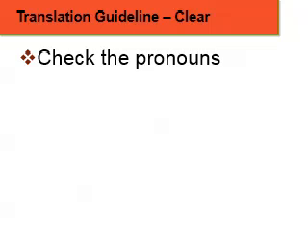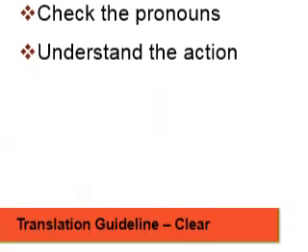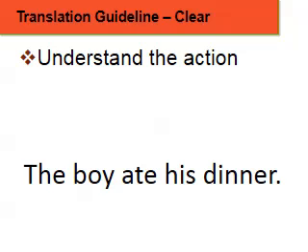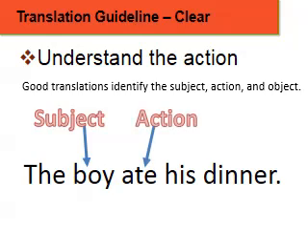Next, you need to understand who is doing the action. Check each abstract noun, also known as the event idea or passive verb form, to be sure you understand who is doing the action. A good translation will identify the person or subject who is doing the action and the person or thing, the object that has the action done to them or it.